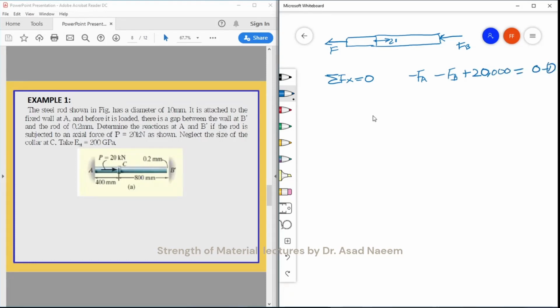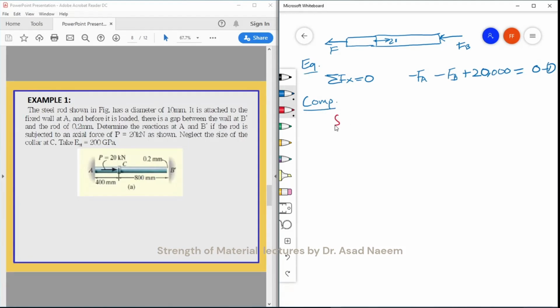This is our equation 1. Now it's statically indeterminate. We have one equation but we have two unknowns, so we will go for the compatibility equation. So this is the equilibrium equation. Now we will go for compatibility equation.